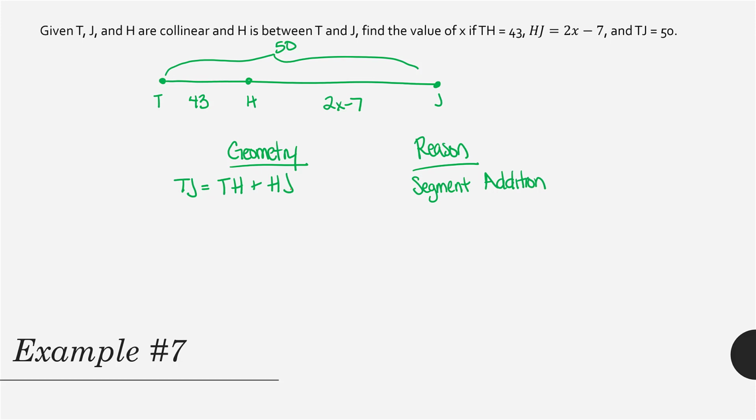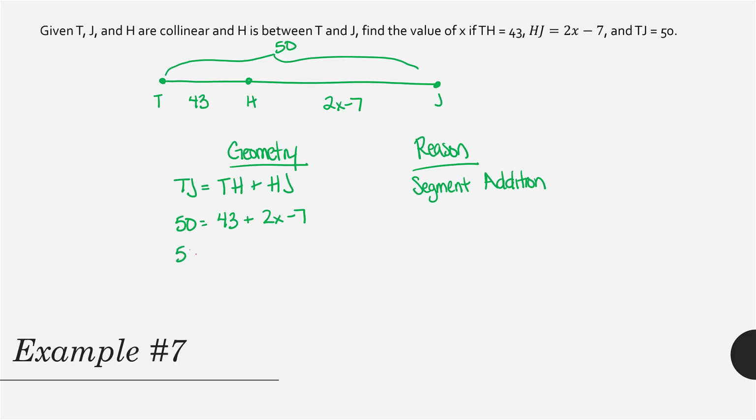Now that I have my geometry written out, I can go plug the algebra in. So TJ is 50, TH is 43, and HJ 2x minus 7. Now we're just in algebra. We're just solving for x.